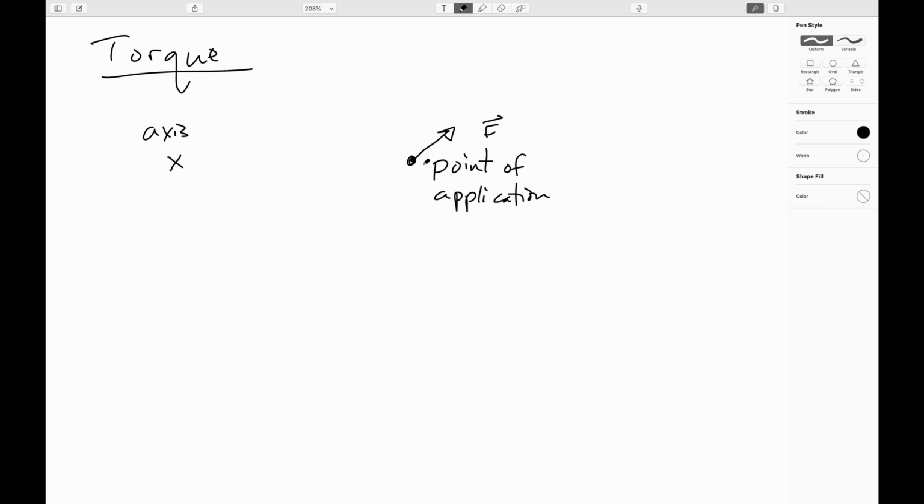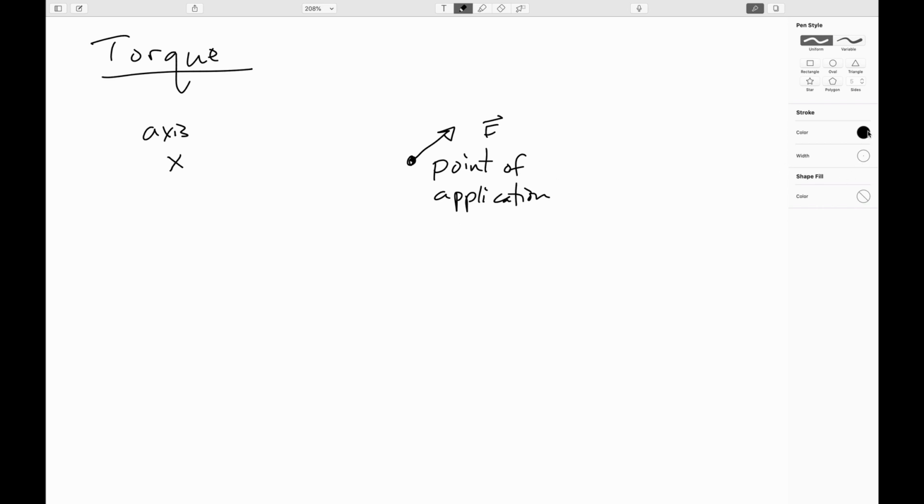Now you can see here, it's going to try to cause this object to go around this axis. And a physicist has to take a very generous view of this. If an object is going in a straight line even, that can be seen as going around some axis, just very badly.